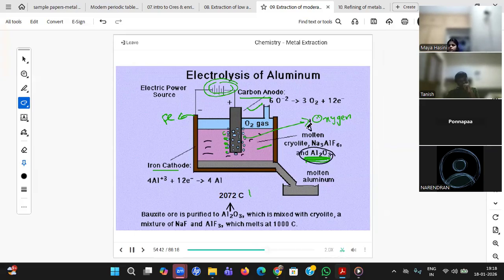You need to add some molten cryolite, Na3AlF6. If you add it, then the boiling point of Al2O3, which is 2072, is reduced to 1100 degrees Celsius. Then you heat it, it will become liquid, and the remaining story is the same.